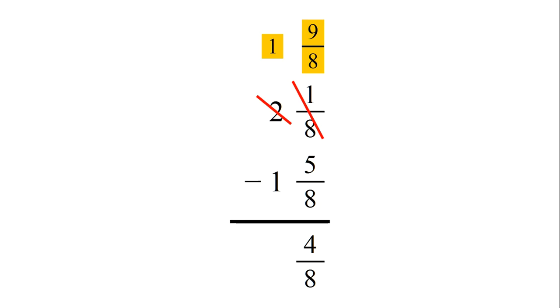So that means that we'll need to ungroup one whole, right? So that's why you see that I crossed out over here. So instead of having 2 wholes now, I will have 1 whole. Now, we already know that if we divide any quantity by itself, it will give you a value of 1. But right here we have 1/8, which is a fraction.